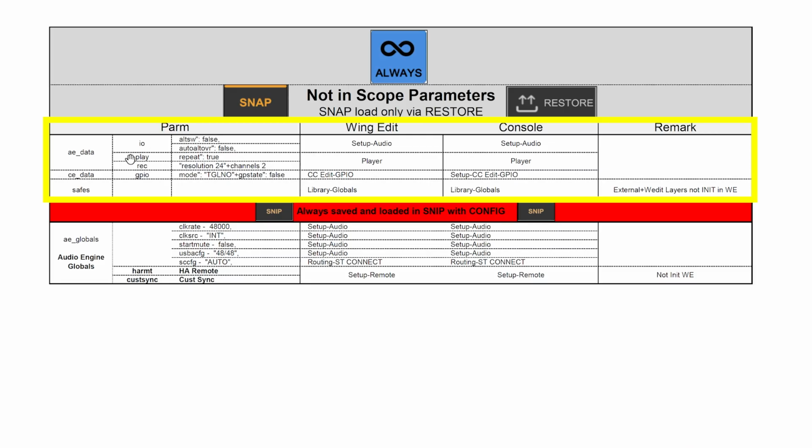For the player, the repeat setting. For the recorder, the resolution and the number of channels. And then the way how the two GPIO switches do work. And the global switch are called sometimes saves here as well. So those parameters are always saved.